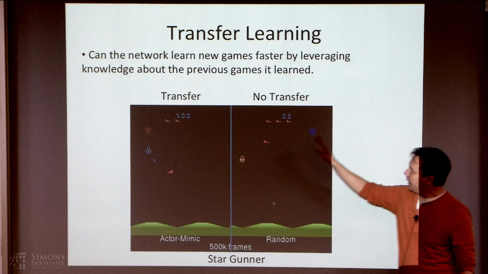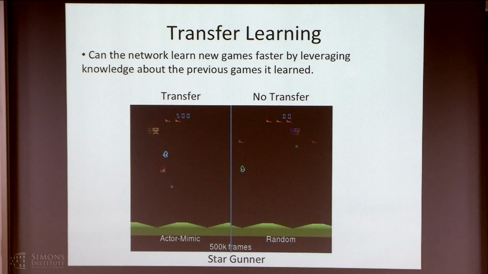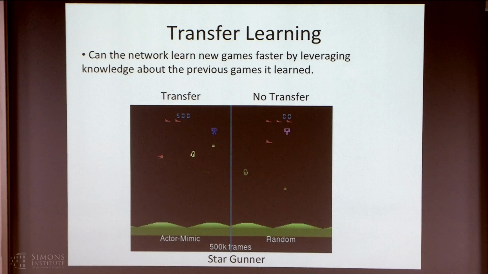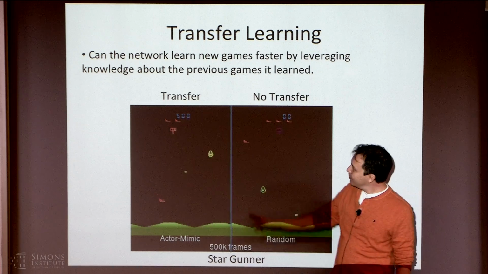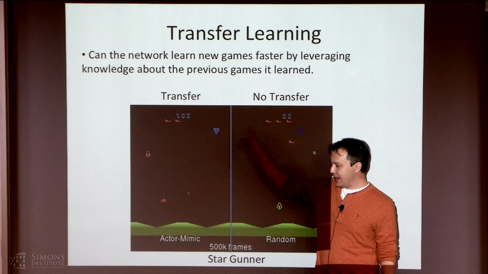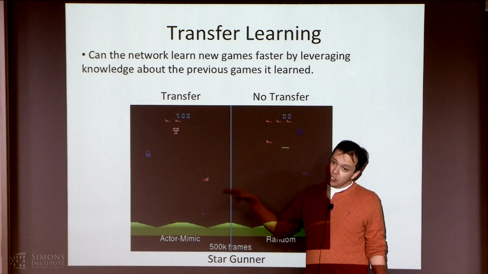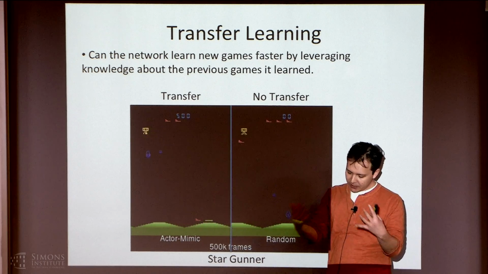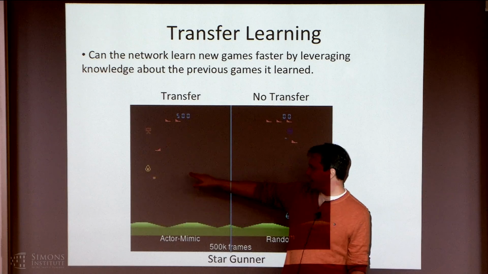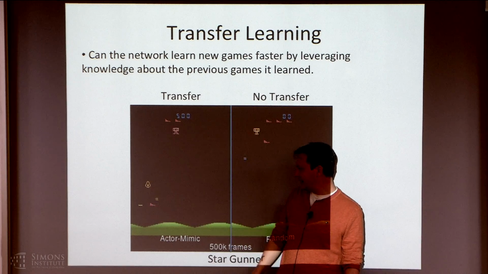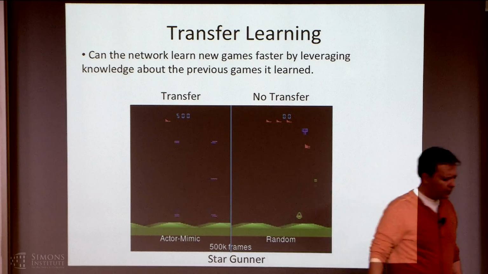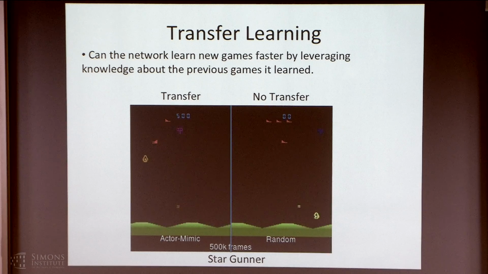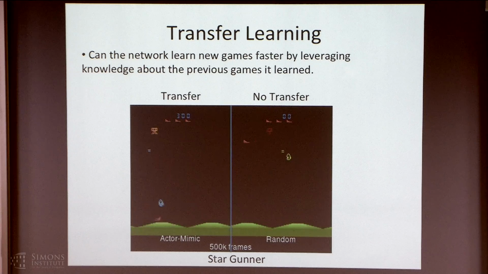So let's say I learned, in this case, I think we've learned to play 13 games, and now we're seeing the 14th game, which is Star Gunner. If we leverage some information about how actions were performed in the previous games, then our model, along with a few other techniques along those lines, can learn to play this new game much faster, right?